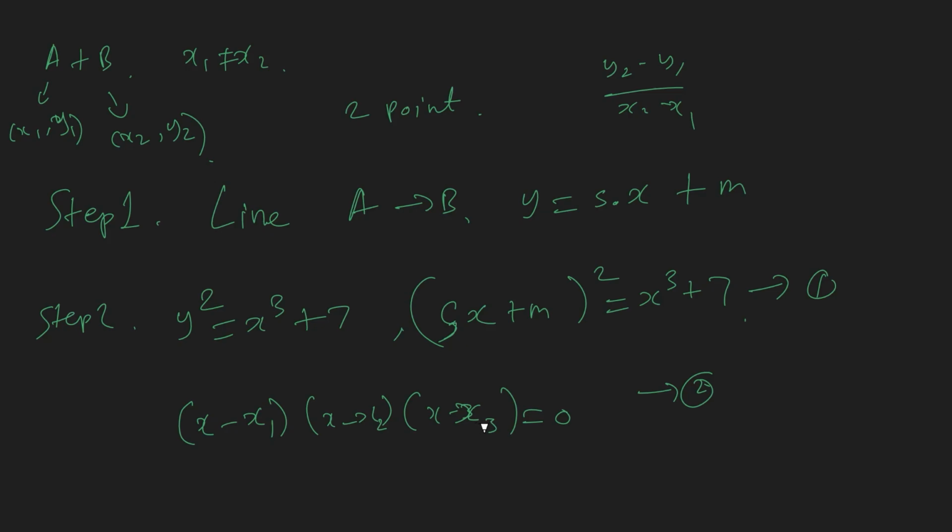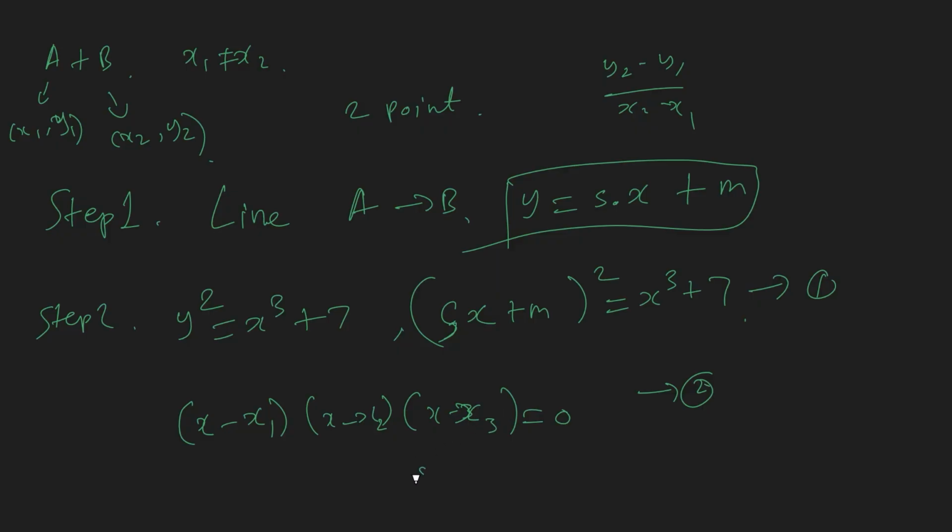So once you have x3, you can solve for y as well by plugging it into this equation. Because of y squared, there are some complications with it. From comparing equation 1 and 2, you can deduce a form of x3.